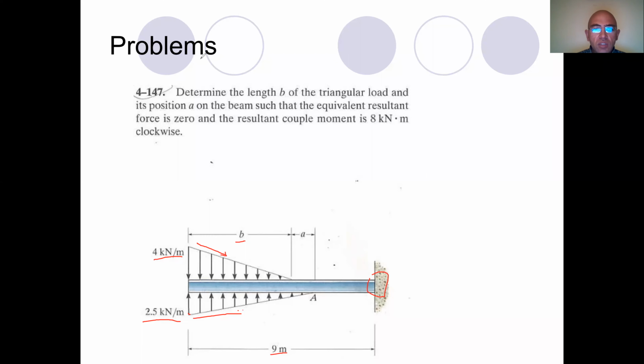Now, it is told us that the resultant load is wanted to be 0. This basically means that the area under this curve, or area of this triangle, and this triangle, is wanted to be equal.